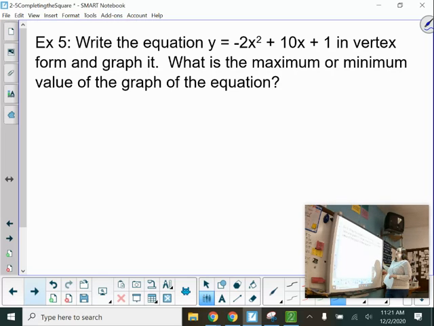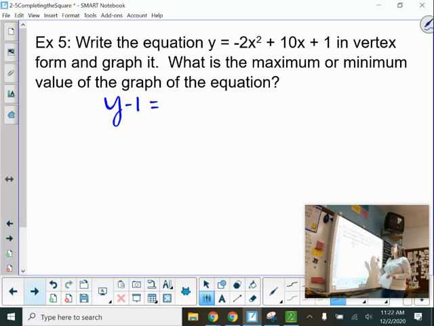So to write in vertex form, the first step is the same. You're going to take whatever's in your C position and move it to the other side. Only in this case, there's nothing to combine because there's already a y there and I have to keep the y in my problem. You also need to make the x squared have a coefficient of 1.